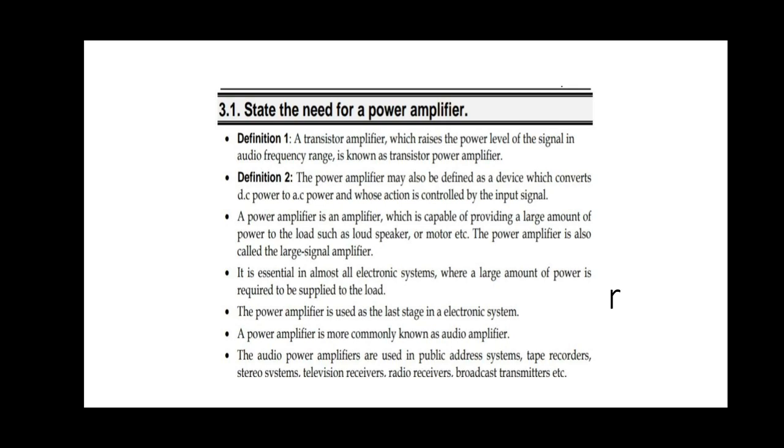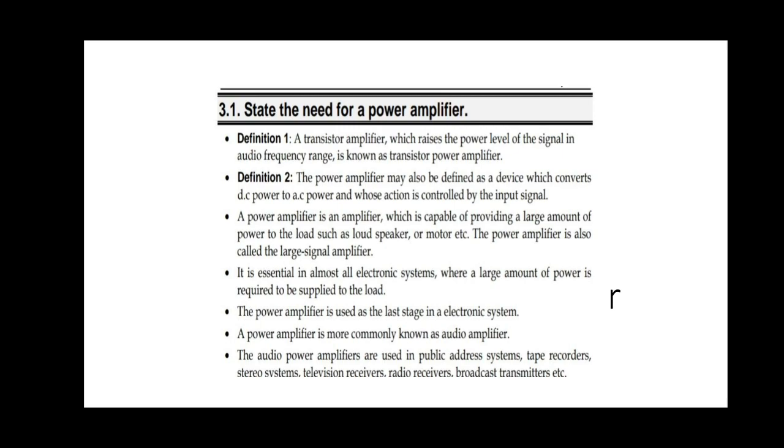The second effect: it reduces the distortion by a factor 1 plus A beta. It can be proved mathematically. By applying negative feedback to the amplifier, distortion is reduced by factor 1 plus A beta.